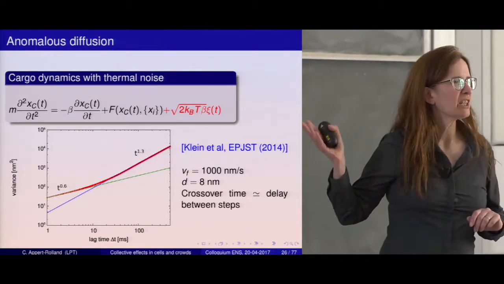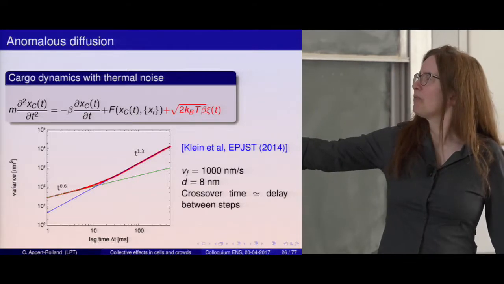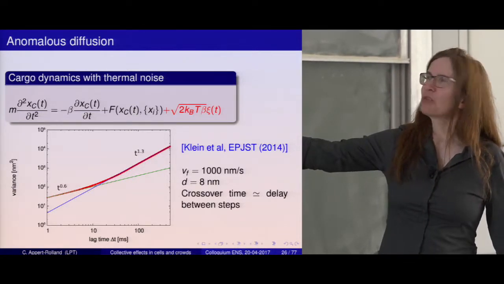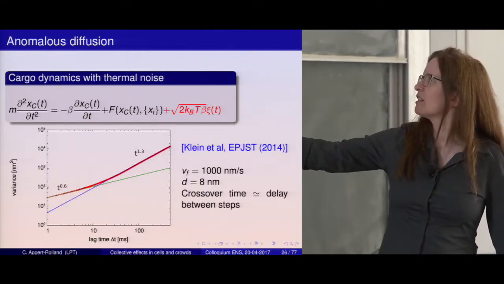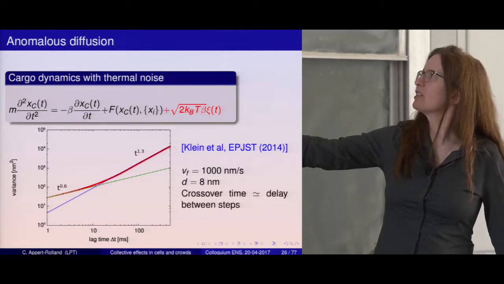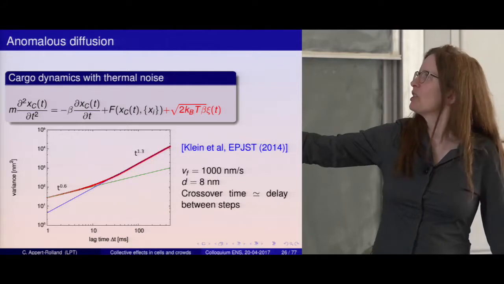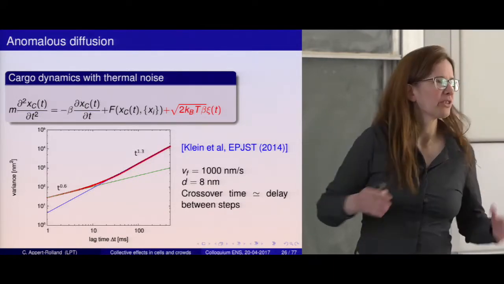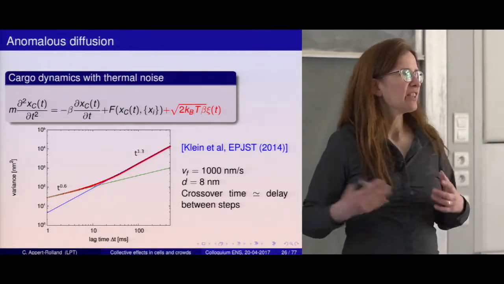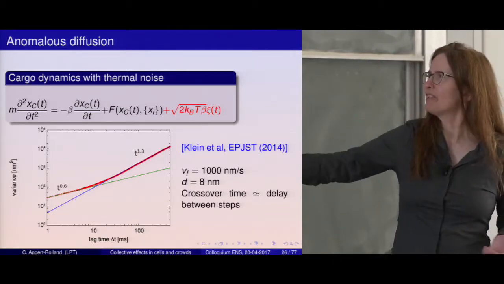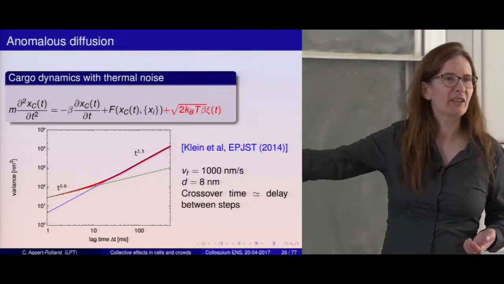And this we can easily understand, because the speed of a motor is about 1 micron per second and the size of the step is 8 nanometers. So it's about 100 steps per second, and this gives you a period of 10 microseconds.